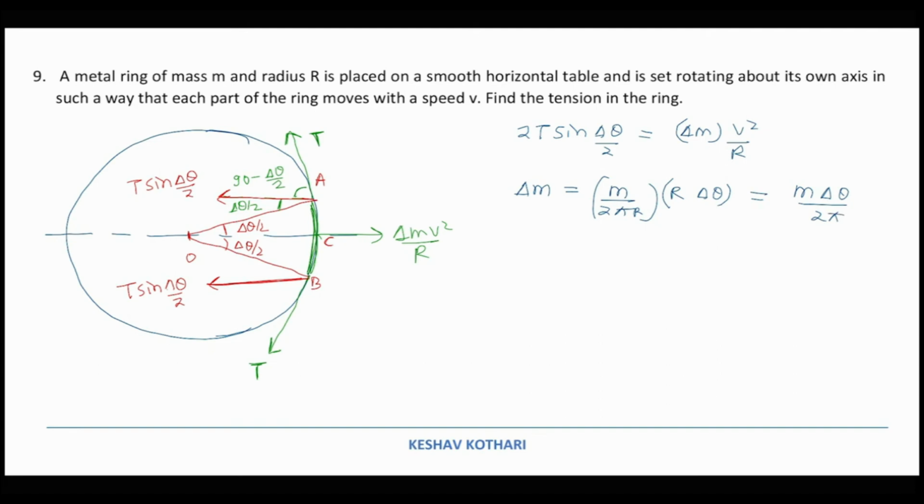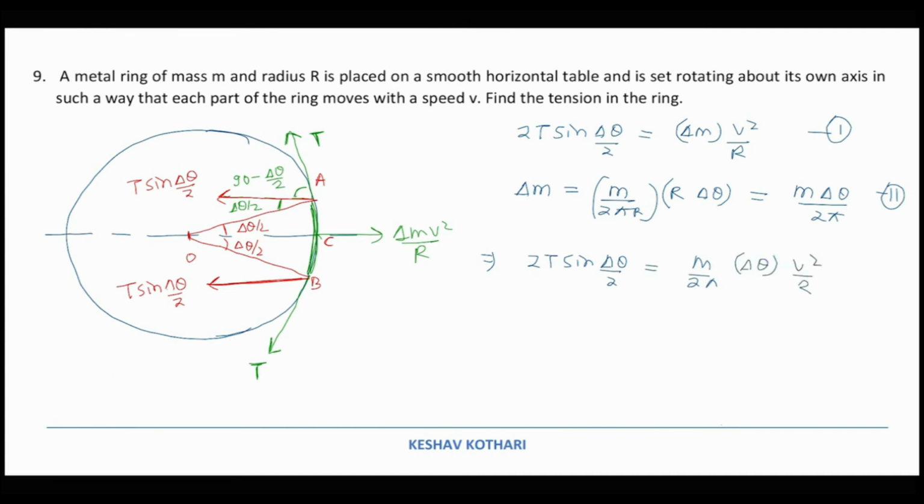So if we put this value in the above equation, that is equation number 1, and this one is 2, we will obtain 2T sine of delta theta by 2 equal to m upon 2 pi delta theta v square upon r.